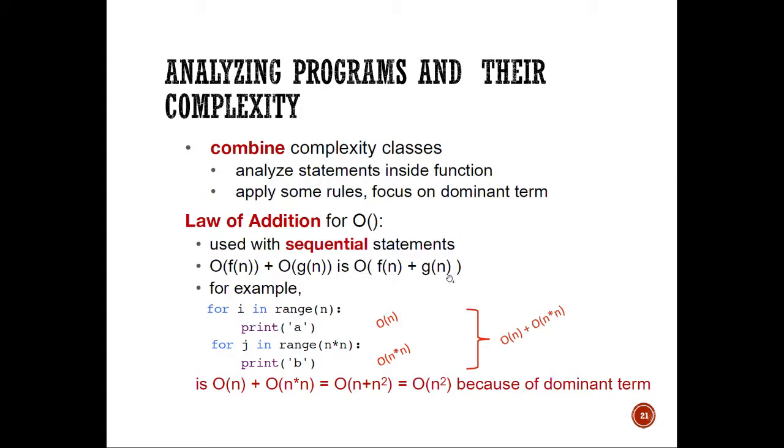For example, if we have two consecutive for loops, one of order n and the other of order n squared, then we can combine them to be O of n plus n squared, which is equal to O of n squared, because n squared is the dominant term.